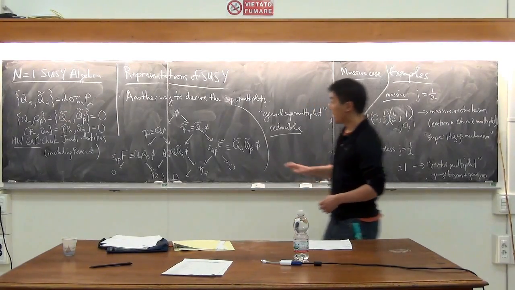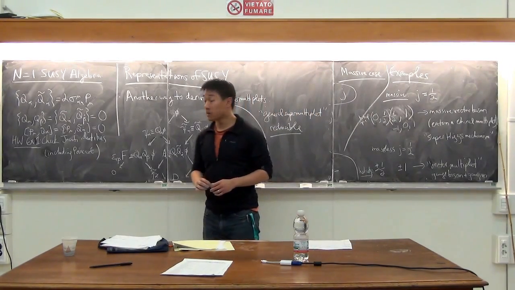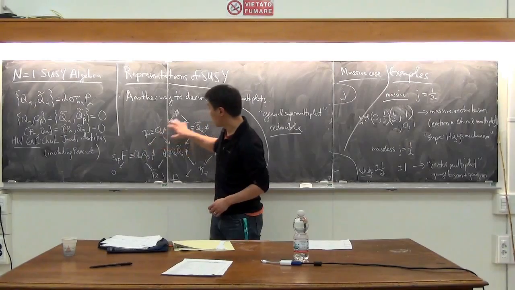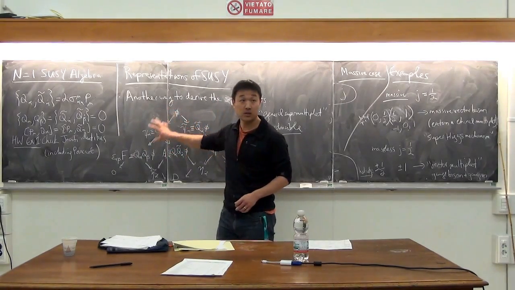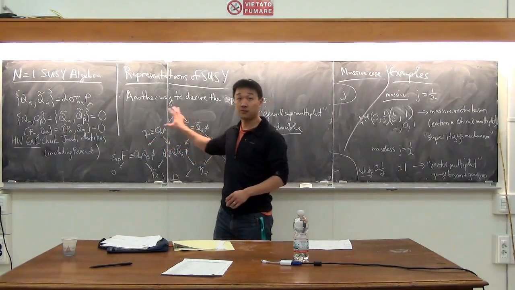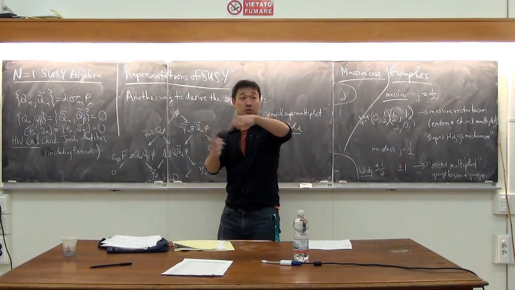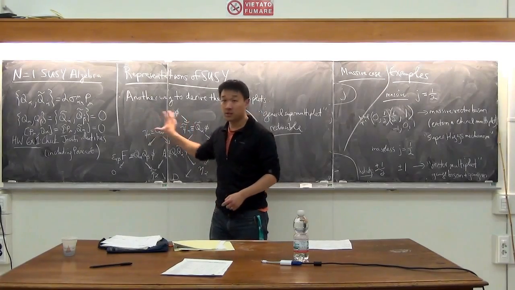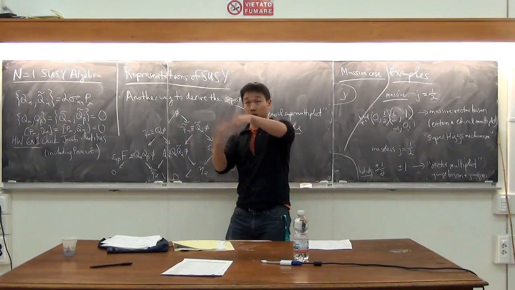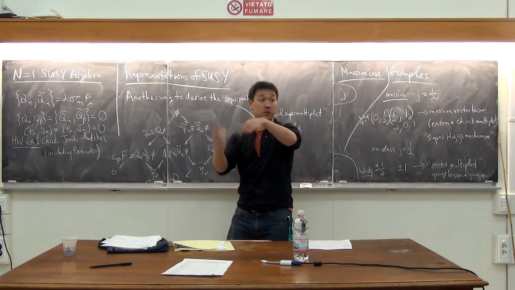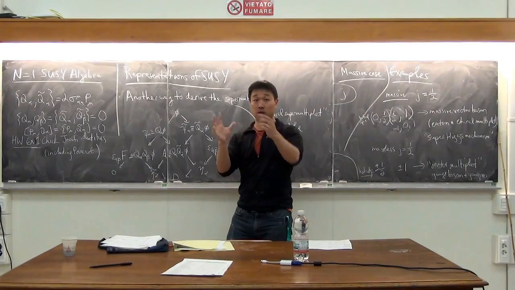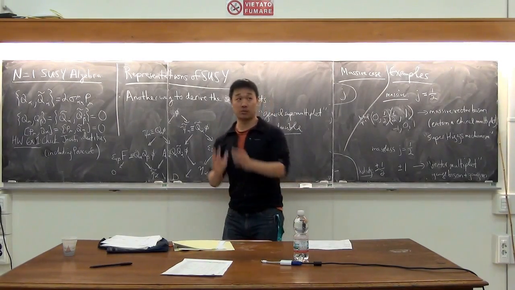Okay, it means that just like in any representation theory, there's some subset of this which only transforms into itself under supersymmetry. So there's some way to isolate a part of this which only transforms into itself, and that would be the irreducible representation, sub-representation.